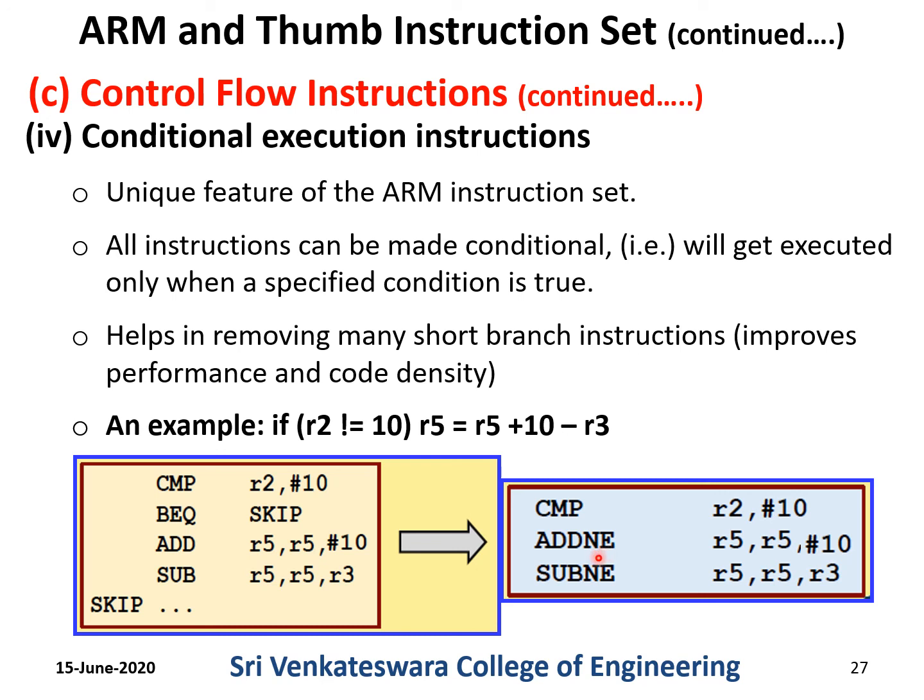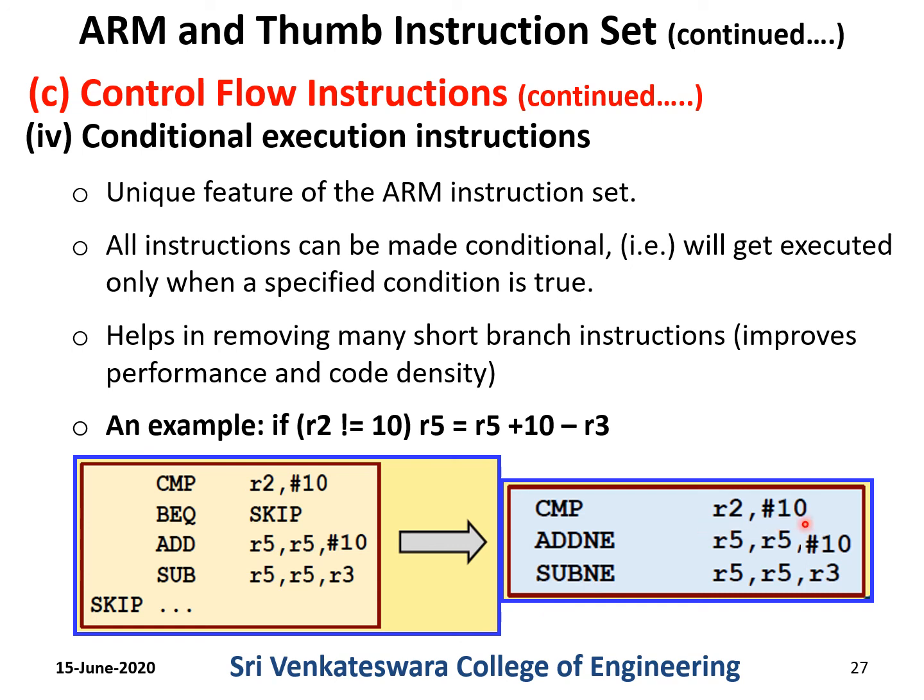These equal and not equal conditions will check the Z flag. So if the Z flag is set, it means that R2 is equal to 10, and so this instruction will not be executed. When it comes to the next instruction SUBNE, again because the Z flag is set, this instruction also will not be executed. So in this way these two instructions can be skipped if R2 is equal to 10.